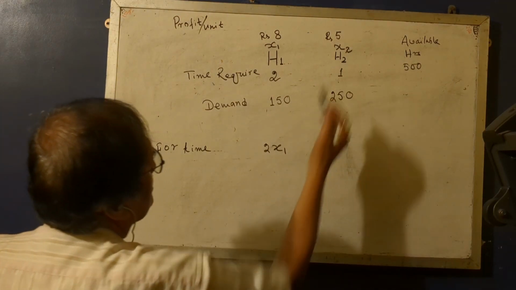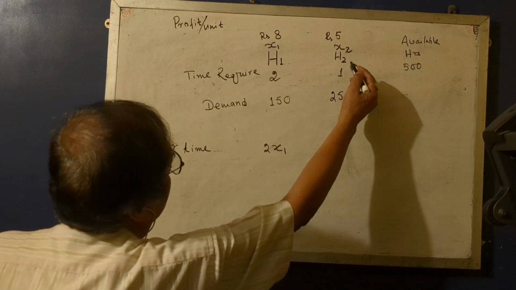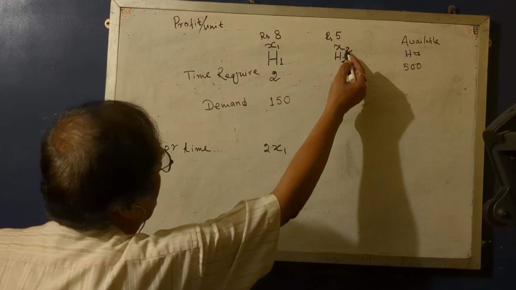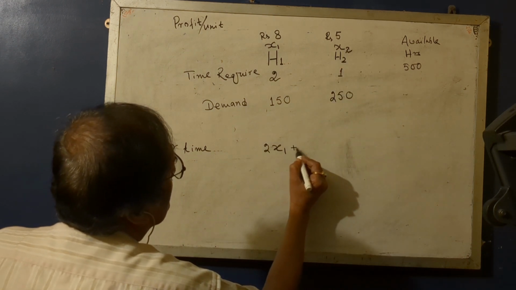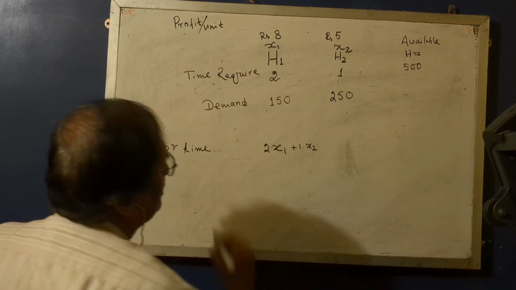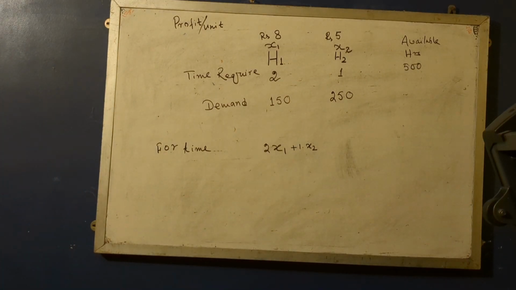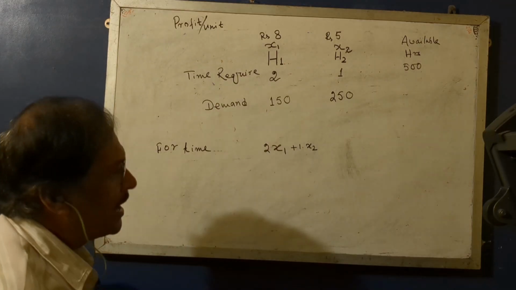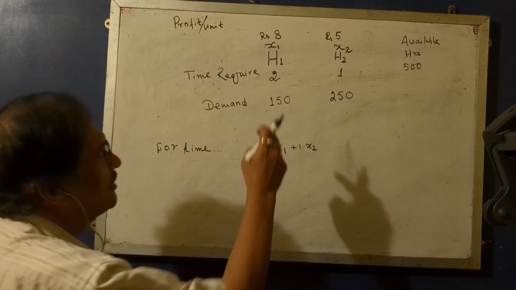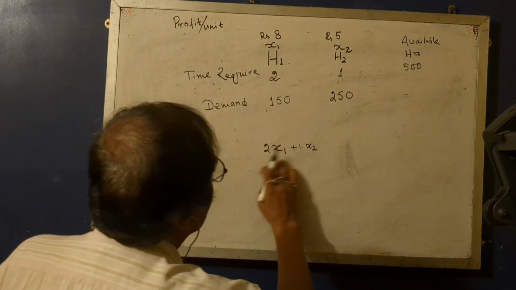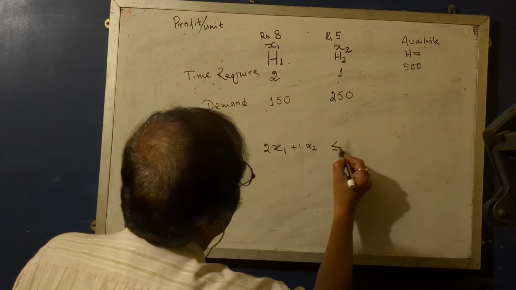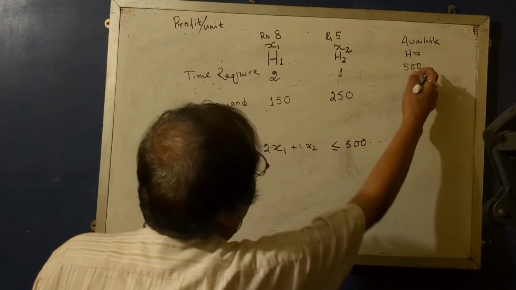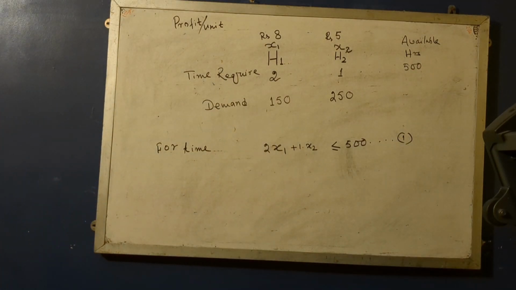And for this hat, 1 hour is required to produce 1 unit, and you are producing x2 units. That's why 1 into x2 is the total hours required to produce x2 units. You are assuming that you will produce x1 units of hat 1 and x2 units of hat 2, and that must be less than or equal to 500, because this is the limitation of the hours per day.